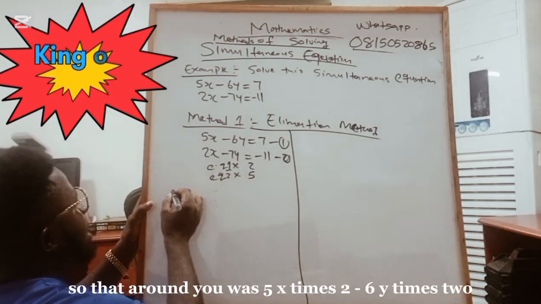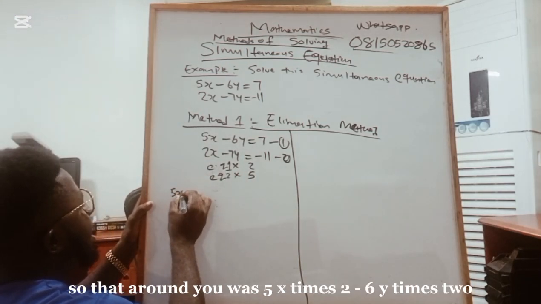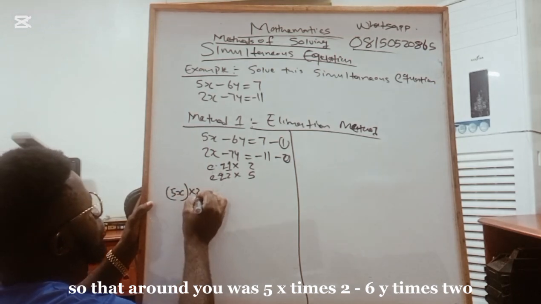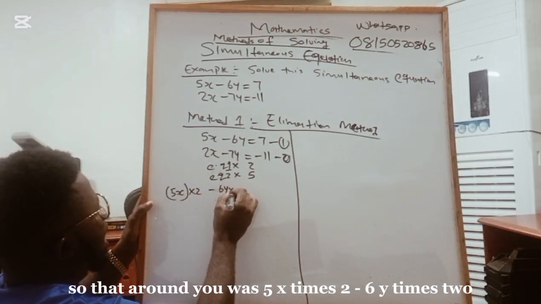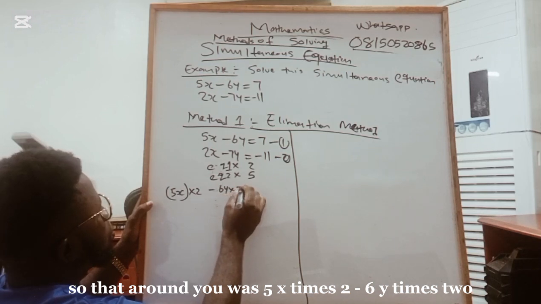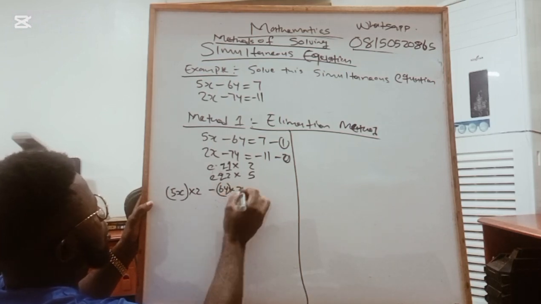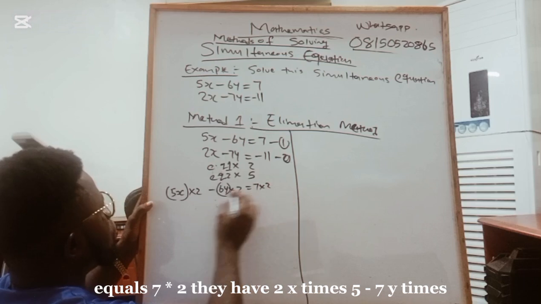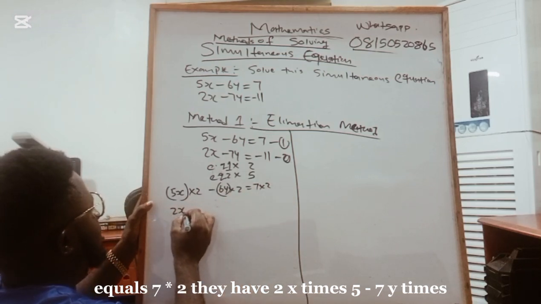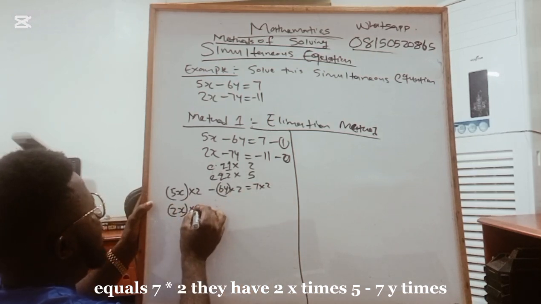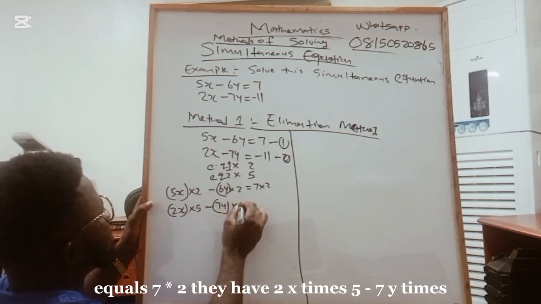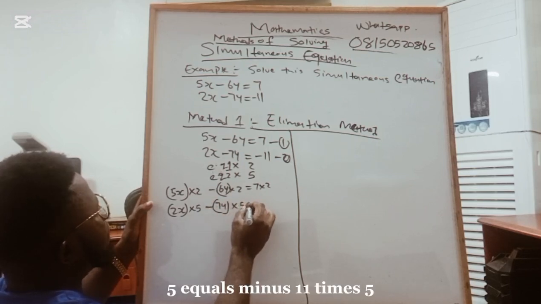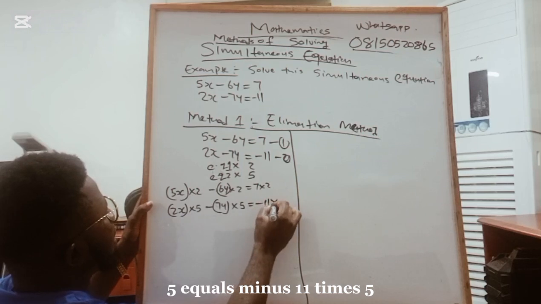You multiply, so that now gives us 5x times 2 minus 6y times 2 equals 7 times 2. Then you have 2x times 5 minus 7y times 5 equals minus 11 times 5.